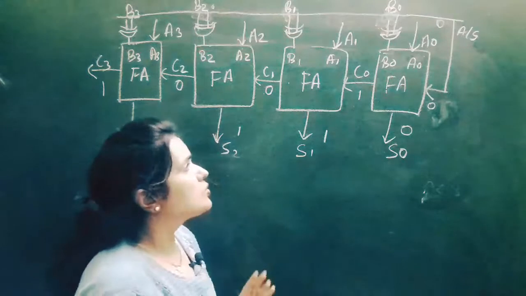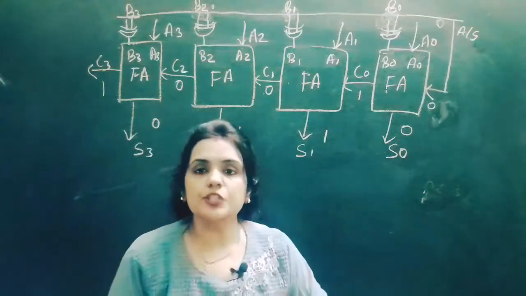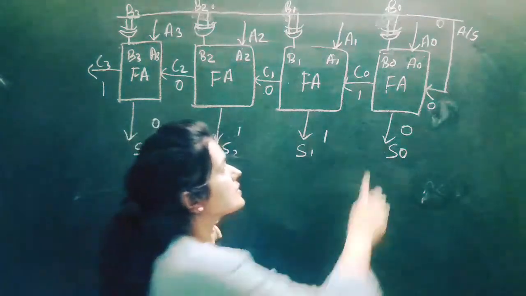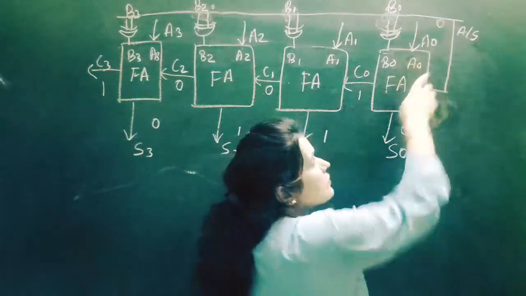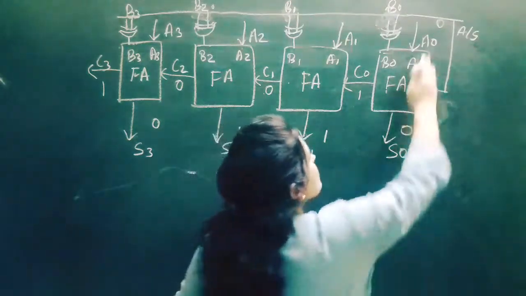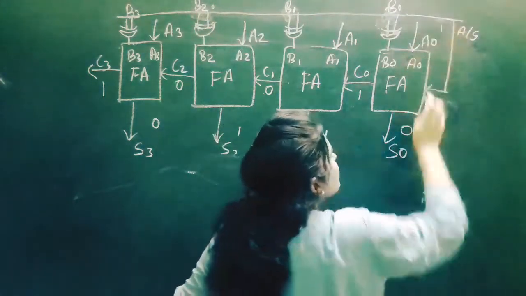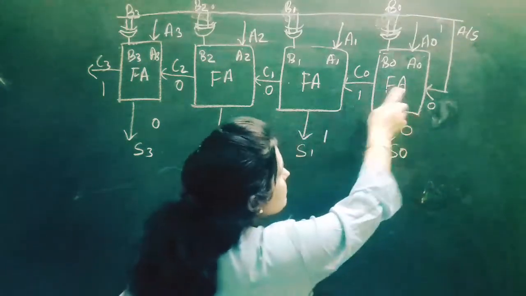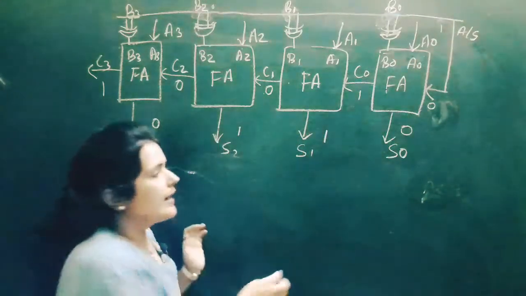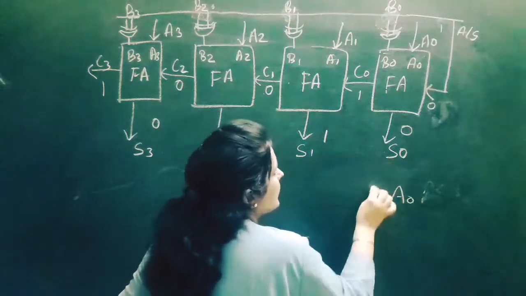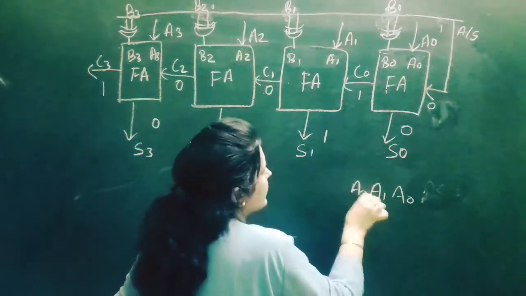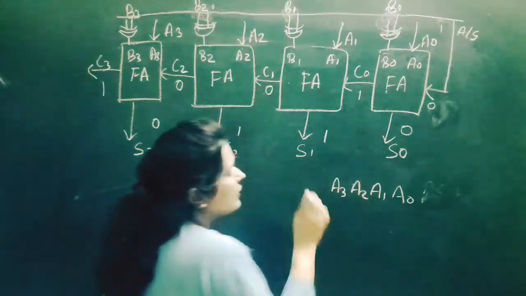Now, but we want to subtract. We want to perform subtraction using this circuit. In that case, the signal will be equal to 1. So our first inputs of these full adders will be A0, A1, A2 and A3. And what will be our second inputs?